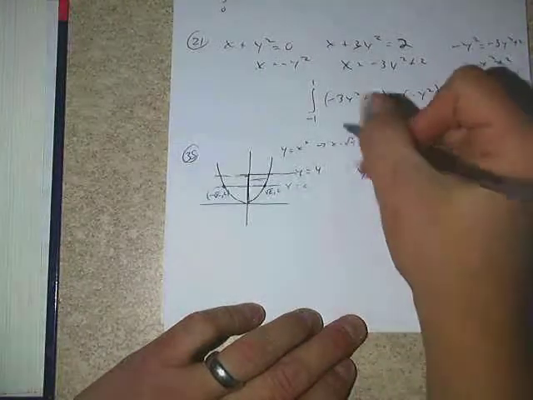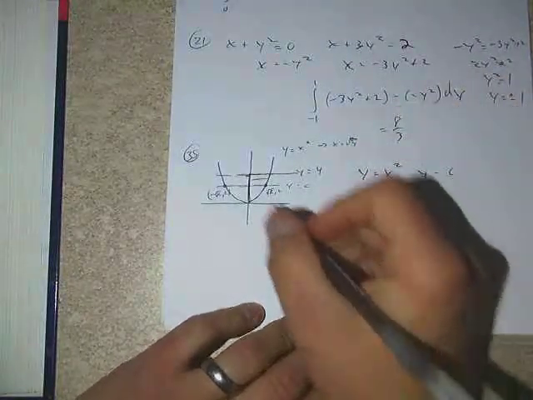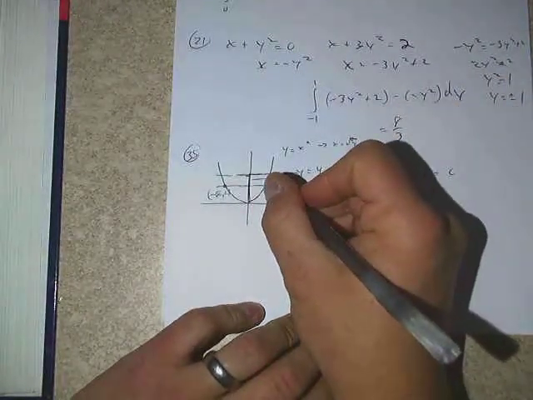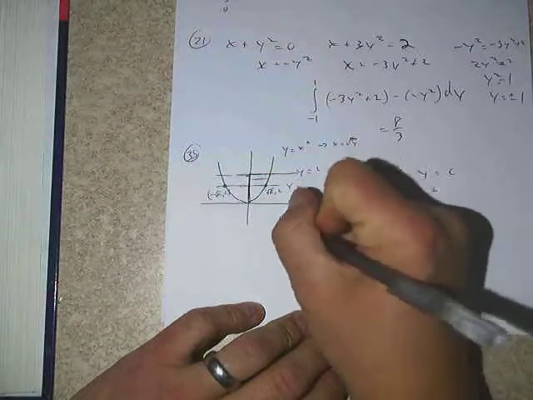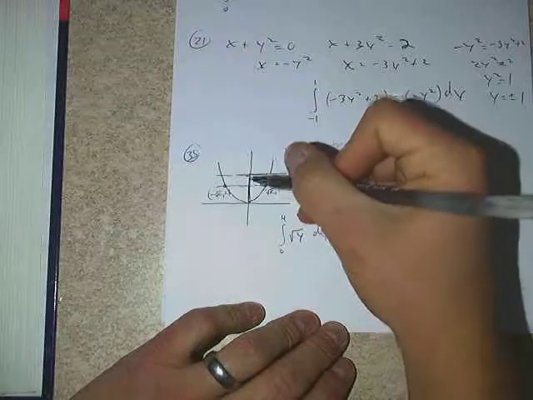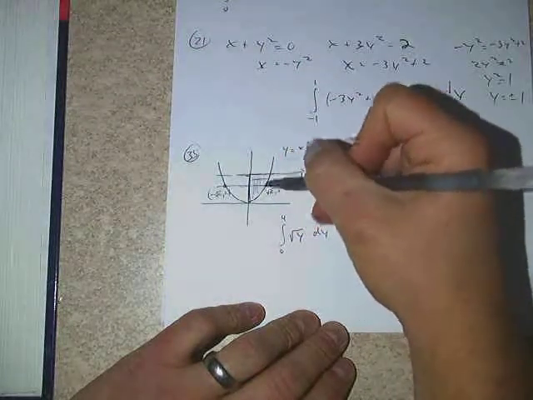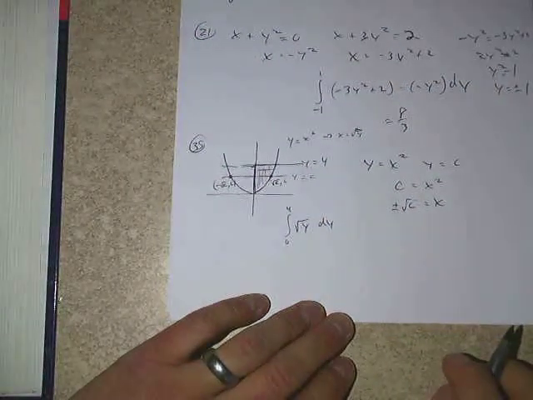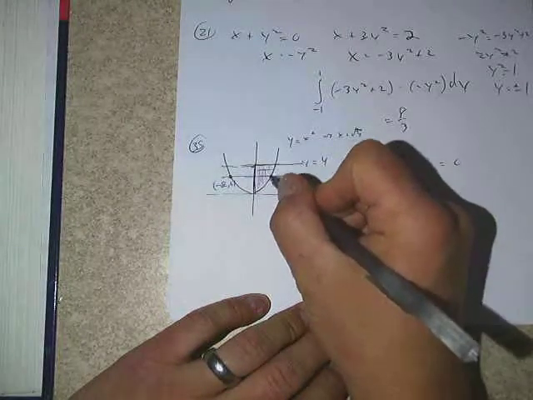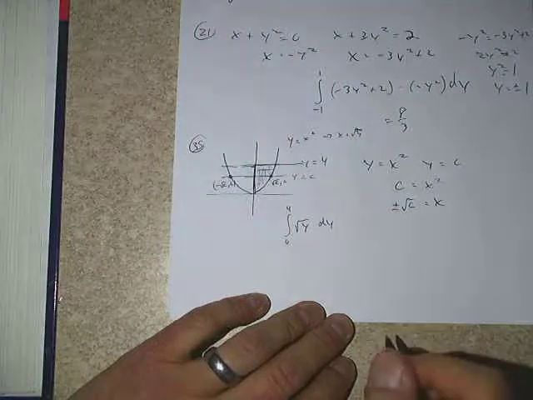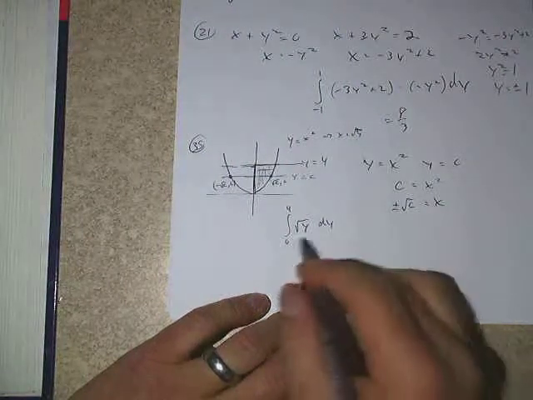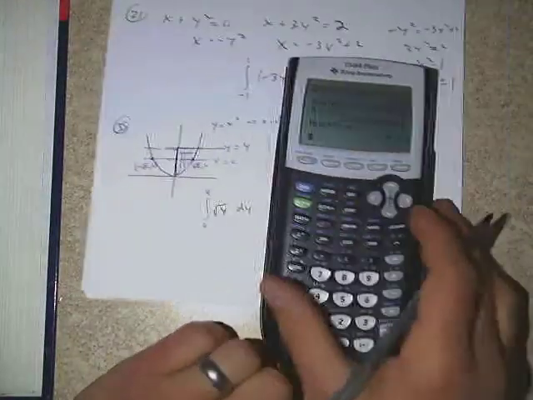Let's think about if we're going to do this with respect to y, that means that our integral is going to have y in it, which means that our slice is going to be horizontal. Okay. And if I wanted to, at this point, knowing that this is y equals 4, and this is y equals x squared, which is also x equals radical y, if you will. If I solve that for x, I would take the square root of both sides.